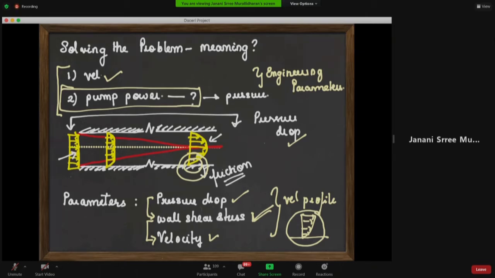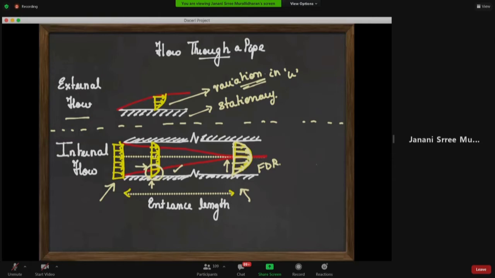So now coming back to what we were talking about, which is the entrance length and the fully developed region. Now you can see how important it is that the entrance region is properly modeled for conditions of your interest. Okay. What do I mean by this?